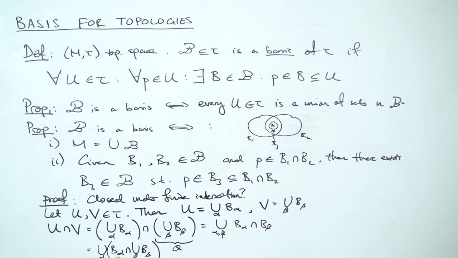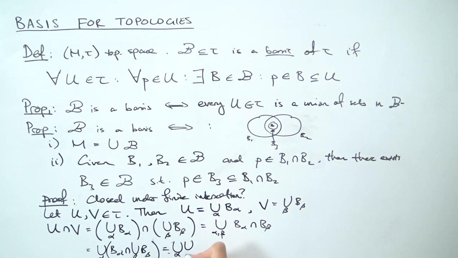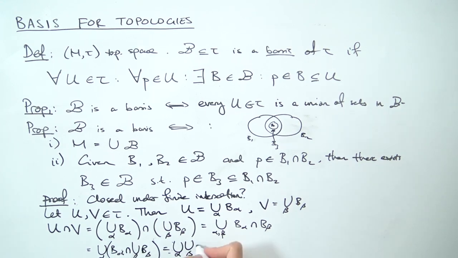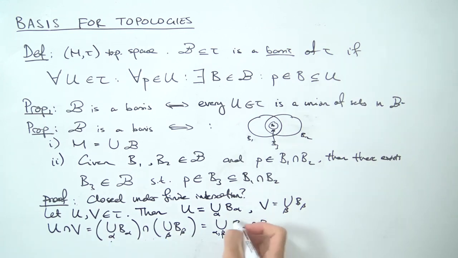So you bring this B alpha next to this B beta, and you get a double union over alpha and beta of B alpha intersect B beta, and that's basically what we have here. Pretty sure it's called De Morgan's law. Maybe one of you can correct me on that if I'm wrong. But we'll just take this as it is for now.